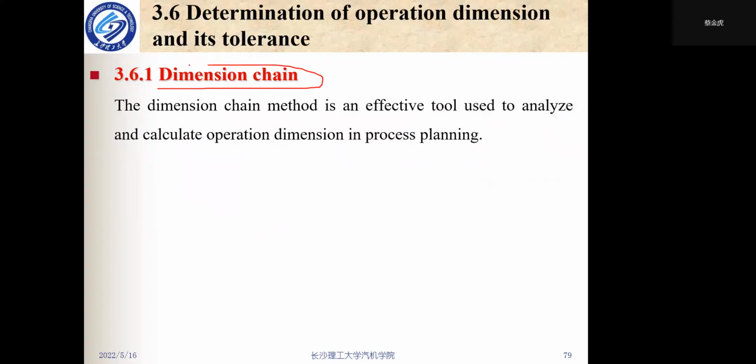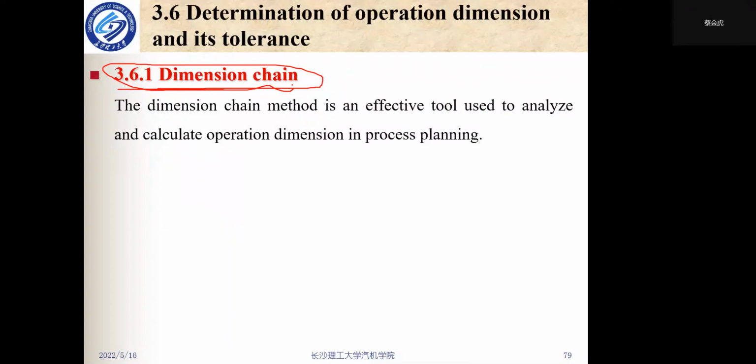We will learn how to draw the dimension chain, and maybe it's a little difficult process. In the machining process of a workpiece, workpiece dimensions are gradually changed from the blank dimension to each operation dimension, and finally to the design dimension.